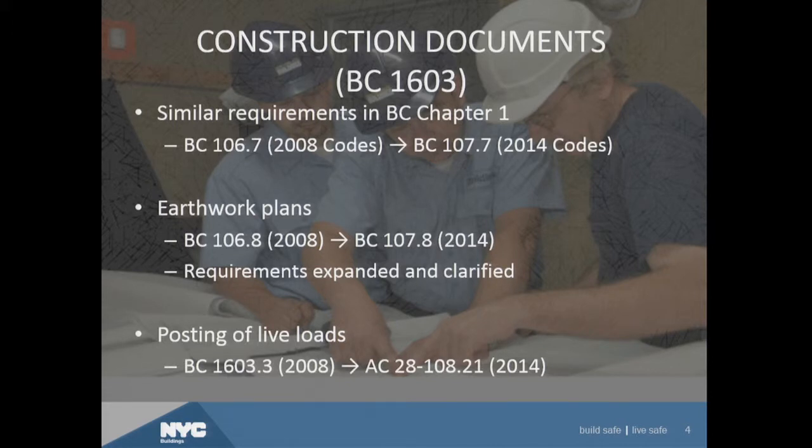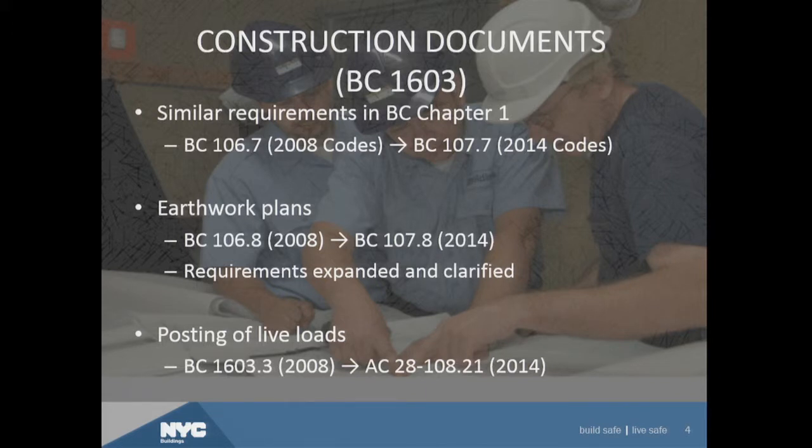BC 106.7 of the 2008 codes, and now under the 2014 codes, 107.7, have some good requirements that we really shouldn't neglect. They have some requirements such as the column schedule and column loads being shown on the column schedule, things of that nature. Those are sometimes skipped over, and they need to be incorporated. A little bit more on Chapter 1 of the Building Code.